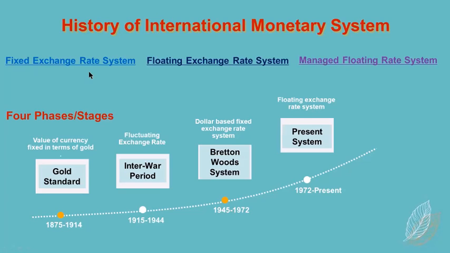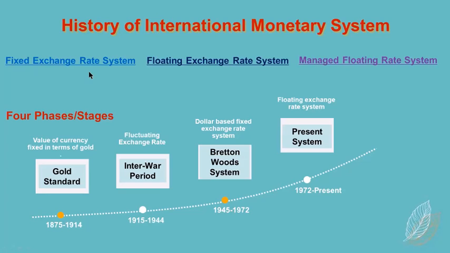So for example, there are 4 countries across the globe that maintain a fixed rate system for a basket of currencies. These 4 countries are Fiji, Kuwait, Morocco, and Libya. They look into the basket of currencies and they peg the value of their currency to that basket.